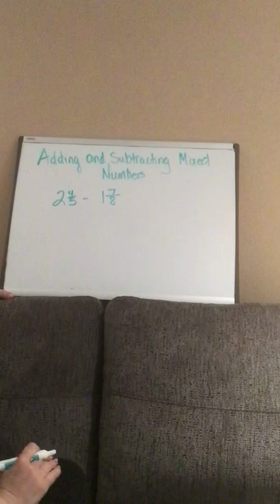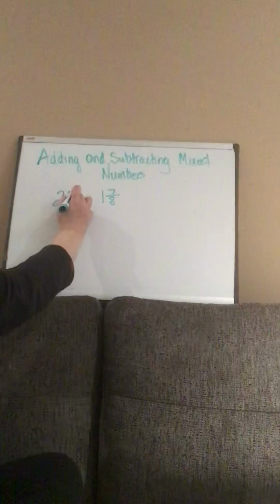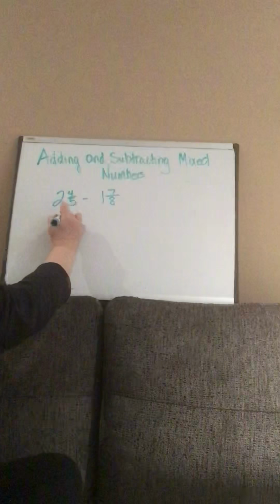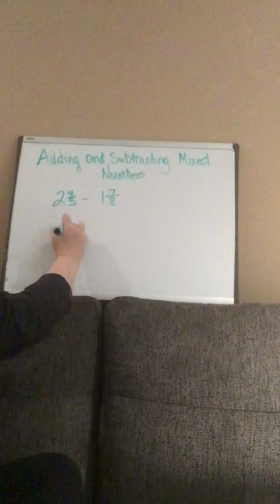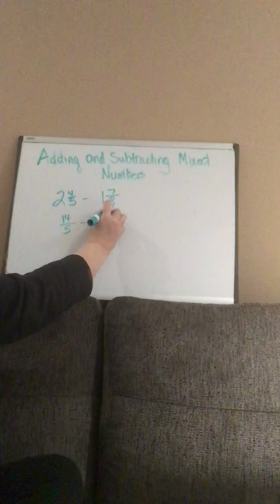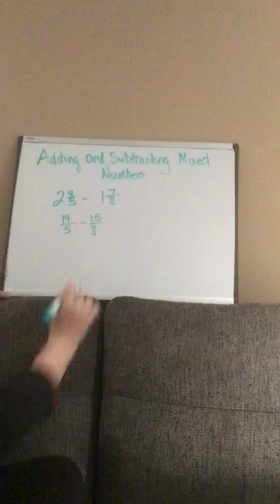Again, exact same process. Thank goodness. It makes our life so much easier. Big times bottom plus top. 2 times 5 is 10, plus 4 is 14 over 5. Subtract 1 times 8 is 8, plus 7 is 15 over 8.